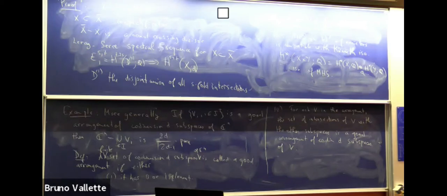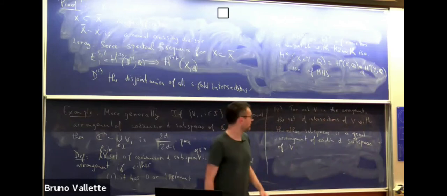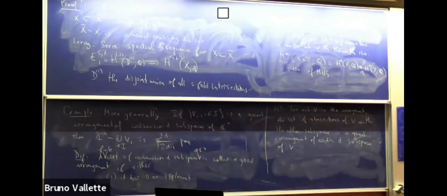So Delta_ij is the subspace inside (C^d)^n where point i and point j coincide. And by definition, the space of configurations is the complement of all these diagonals. So you require that any two points are different. And this is a good arrangement of codimension d subspaces.